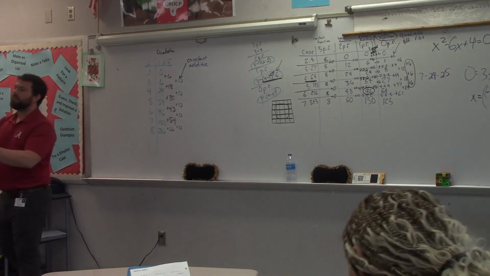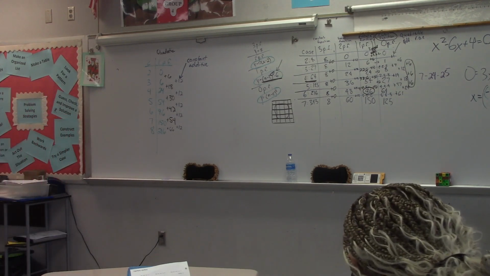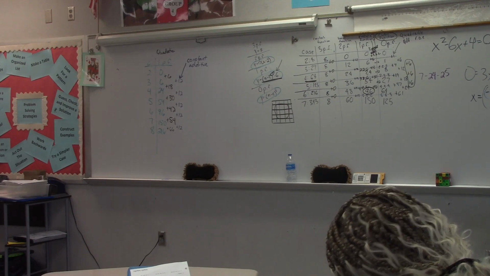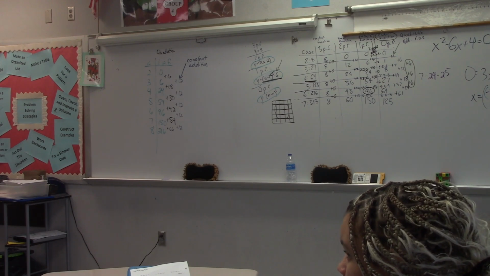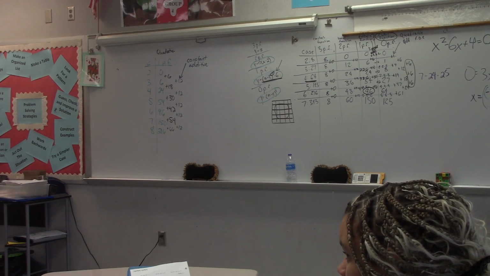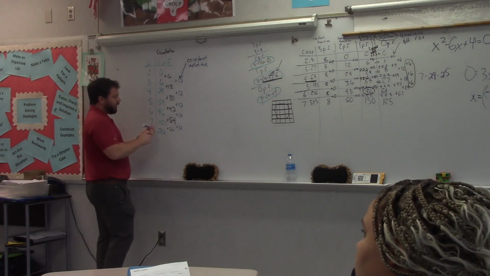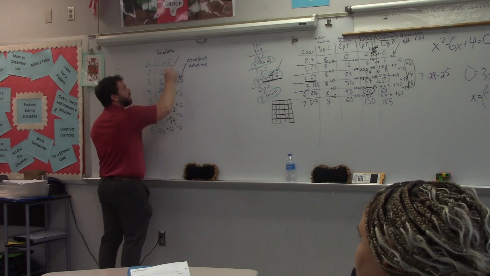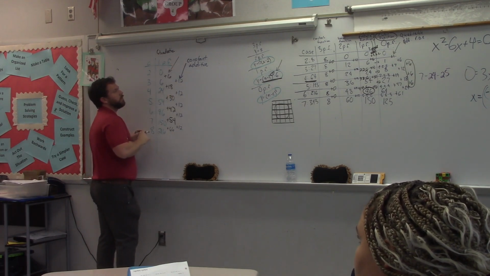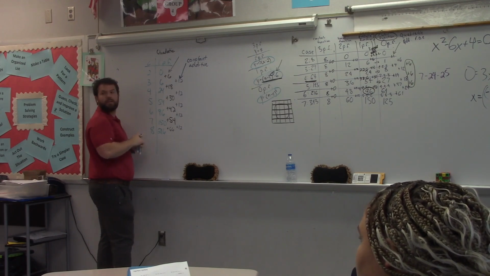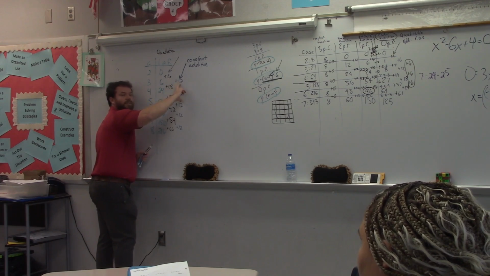And Davis, what type of function had a constant additive rate of change? Oh, Davis, we got to know this one, huh? A linear function had a constant additive rate of change. So what are we going to call this rate of change right here? Guys, this is constant additive.